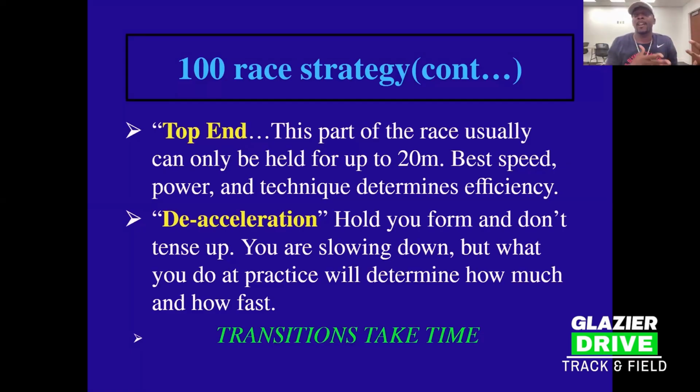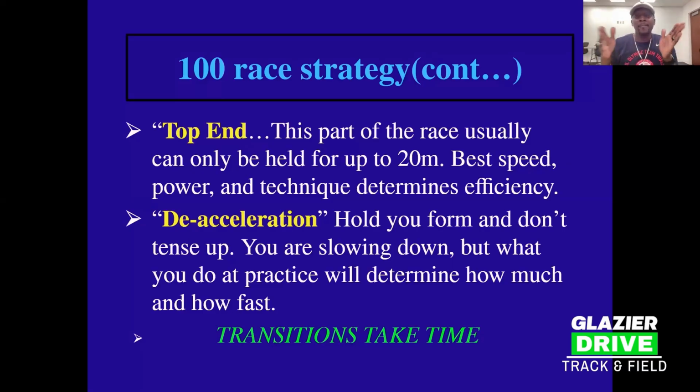What I like to say here is that Usain Bolt and I think Kristen Coleman are two of the ones who have been able to hold their top end speed the longest, somewhere around 20 meters. What that means is when you accelerate to your fastest speed, they were only able to hold it for 20 more meters, right? So the average sprinter is somewhere around 10 to 15 meters.